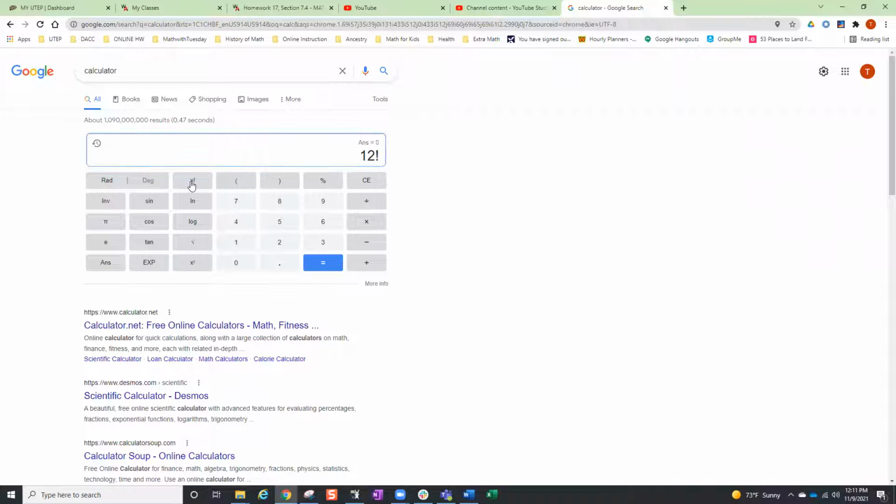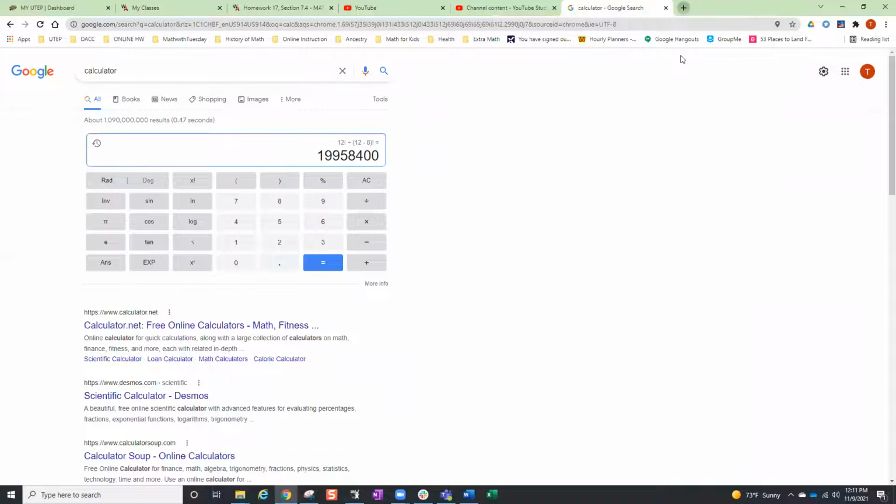So that's 12 factorial divided by 4 factorial. And we get the same answer. So you could do it that way. You could also do 12 factorial divided by, and then use parentheses, 12 minus 8 factorial. You don't even have to do the calculating of the 4. You can just enter it into the calculator.